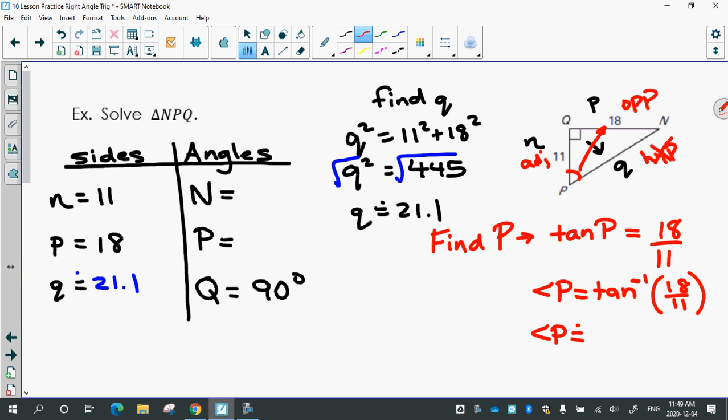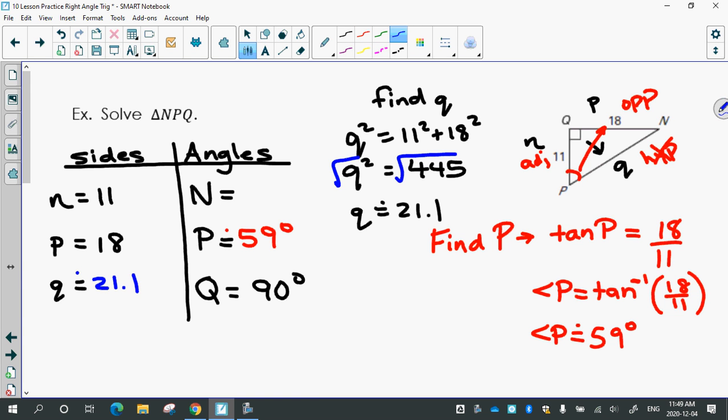Angle P is approximately 58.5, so that would be 59 degrees approximately. So then you come back to your chart, put a dot above the equal sign, fill in 59 degrees.